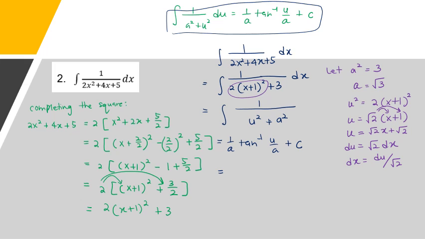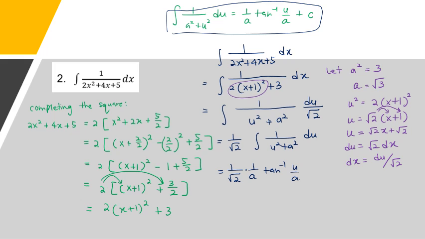Dx sama dengan du over square root 2. Okay. So salah jawapan ni. Saya padam dulu. So saya buat ke depan 1 over square root 2 integrate 1 over u square plus a square du. Okay. So that 1 over square root 2. Okay, integrate yang ni dapat 1 over a, ni darab tangent inverse u over a plus c.